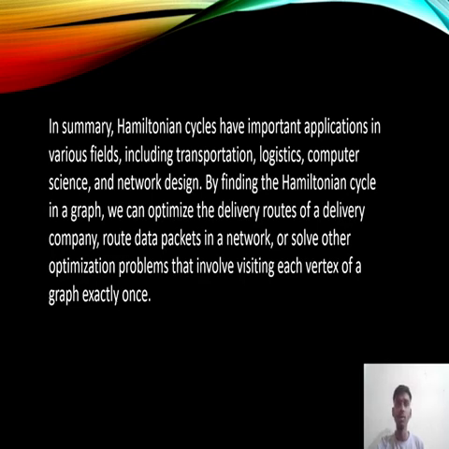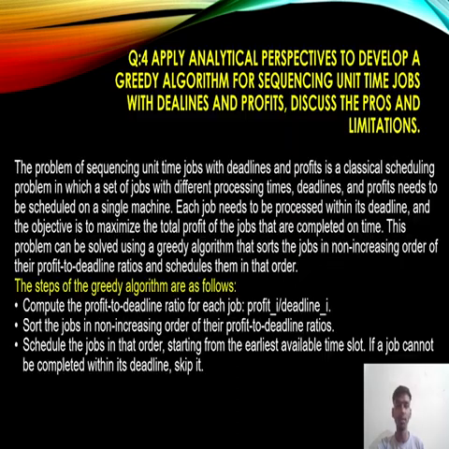In summary, Hamiltonian cycles have important applications in various fields, including transportation, logistics, communication, science, and network design. By finding the Hamiltonian cycle in a graph, we can optimize the delivery route of a delivery company, route data packets in a network, or solve optimization problems that involve visiting each vertex of a graph exactly once.